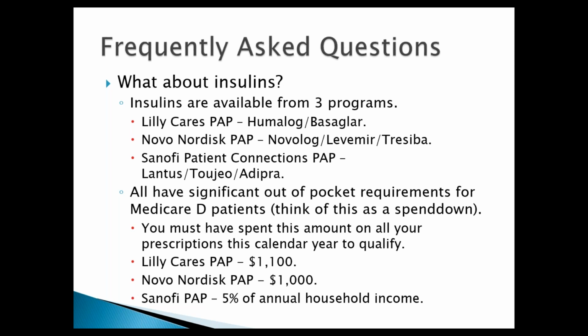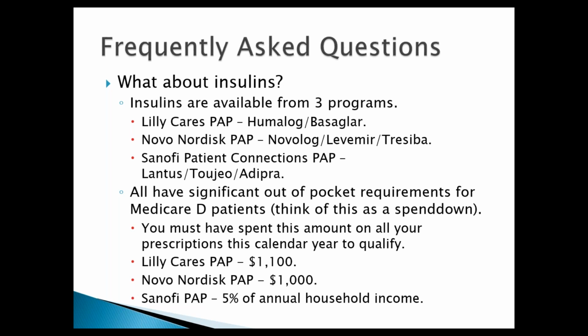So, some frequently asked questions. One of the biggest product categories that I am asked about is insulin. And unfortunately, insulin is really hard to get for Medicare D patients, and we'll talk about that in just a second. There are 3 programs that provide insulin. There's Lilly Cares, which provides Humalog and Basaglar.